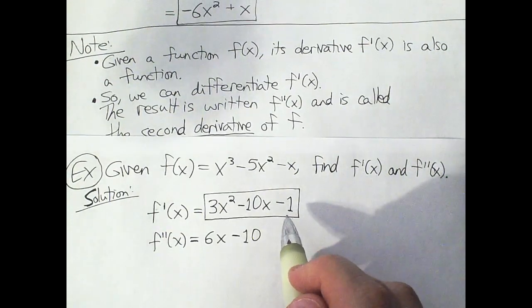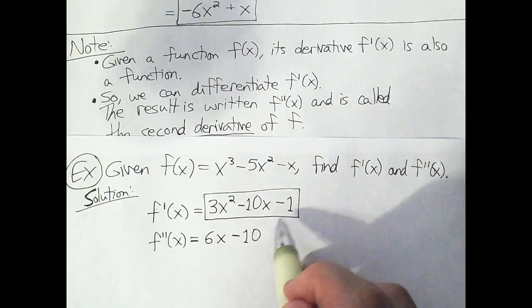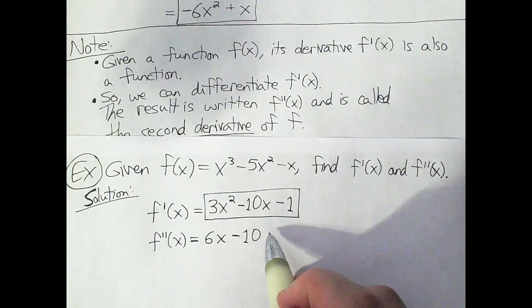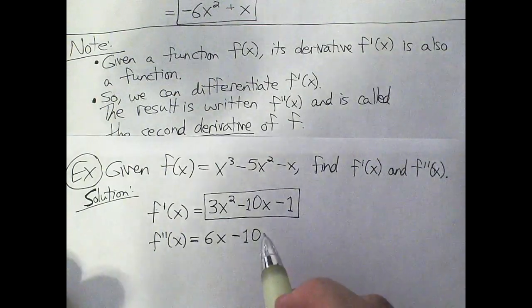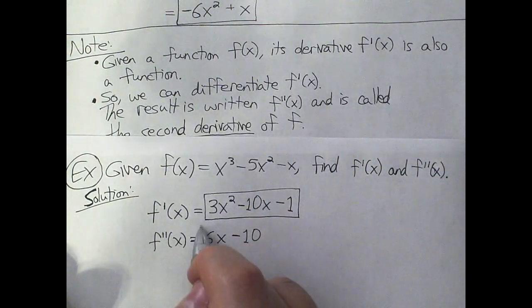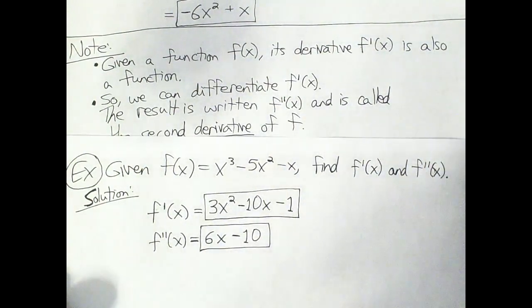Well, remember rule 1? Rule 1 says the derivative of a constant is 0. So this is going to basically get us minus 0. I'm not even going to write it because minus 0 doesn't do anything. And that is the second derivative.